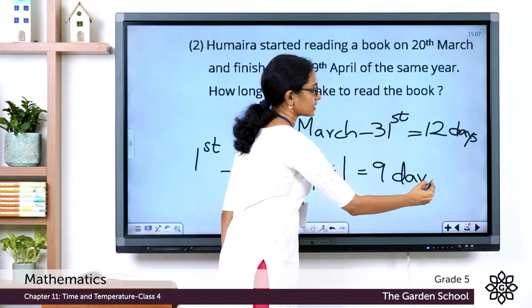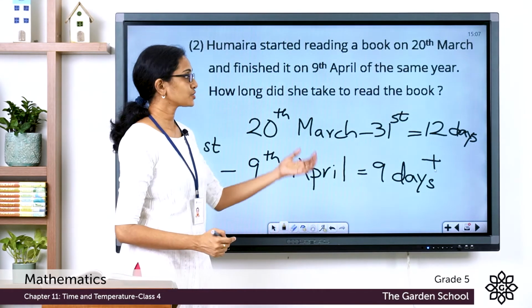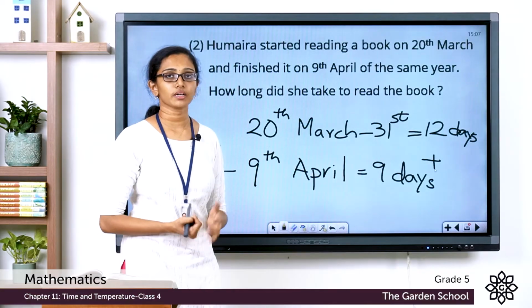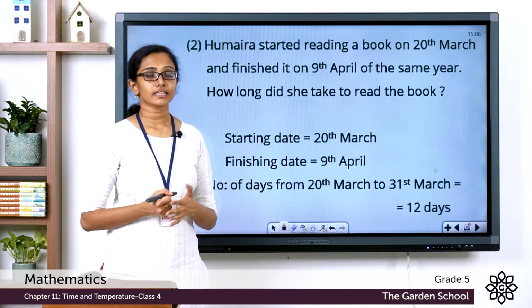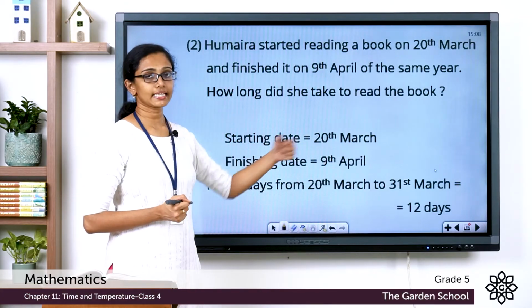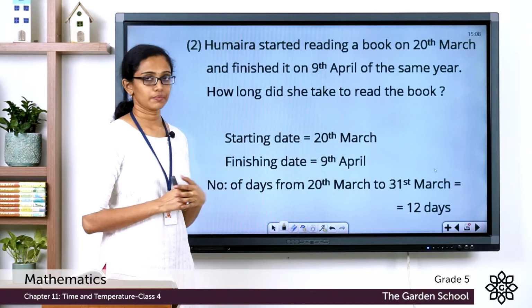If you add these two, you will get the total number of days she took to finish reading the book. So you have to add these 12 days and 9 days. She started reading the book on 20th March and finished on 9th April.